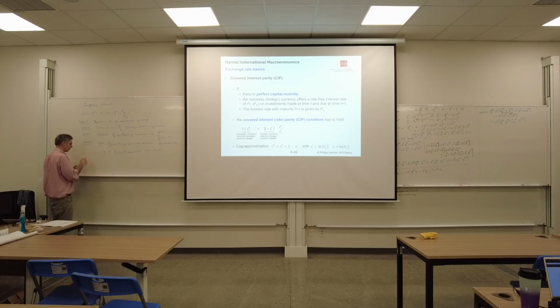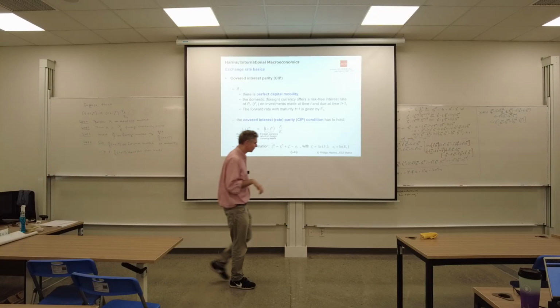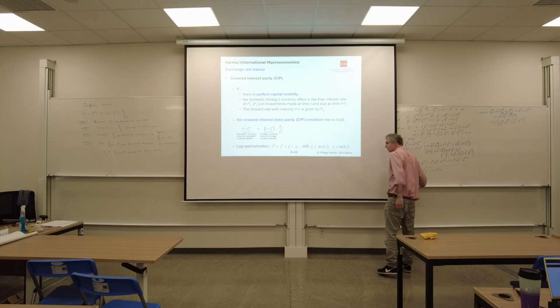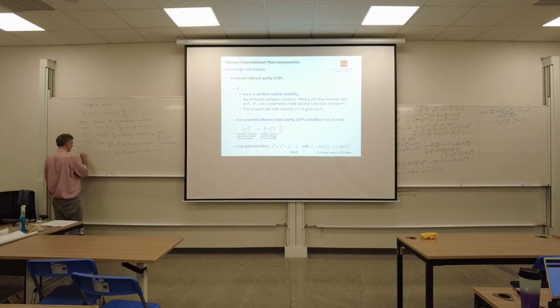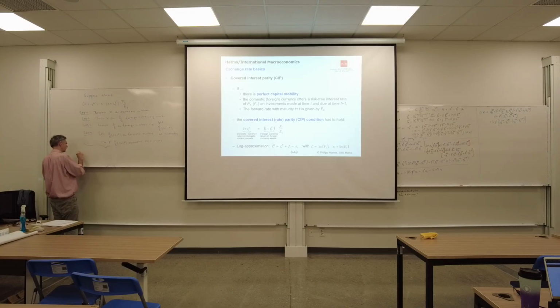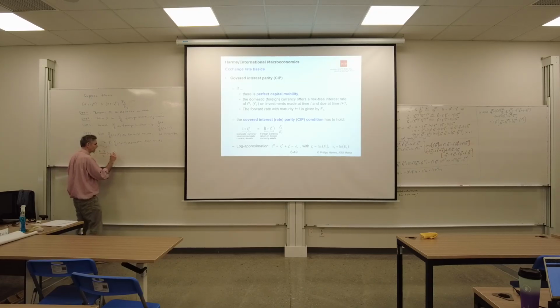So what is the payoff, or what is the return on this strategy? The payoff on this strategy is the following. Or say, let me call it the profit, is you get F times X over E times 1 plus i_F, and then of course you have to repay 1 plus i_H times X because that's what you've borrowed.